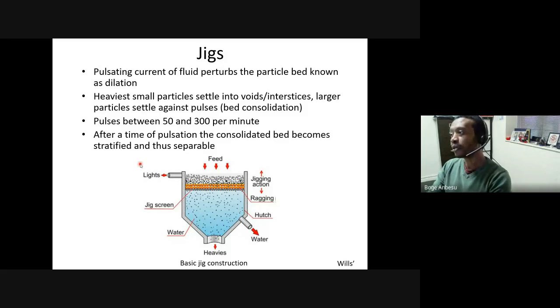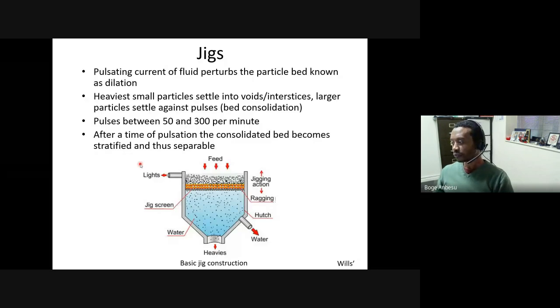Okay, so jigs, I think you've seen information from Dr. Abubakar's lecture. So I'm not going to go into details of how jigs operate or how many different types of jigs we have and all that, but at least I'll briefly describe how they work.